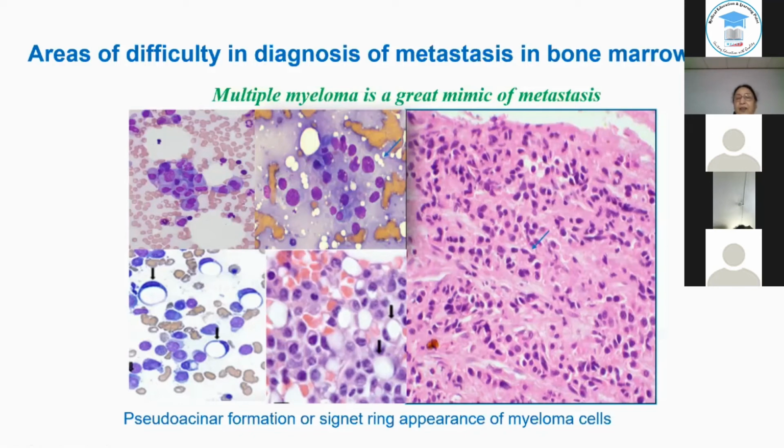Here in the biopsy also, you can see that it is making a gland formation, so may suggest an adenocarcinoma. And in these two pictures, these are myeloma cells which are appearing as signet ring cells. So multiple myeloma is a very great mimic of metastasis.